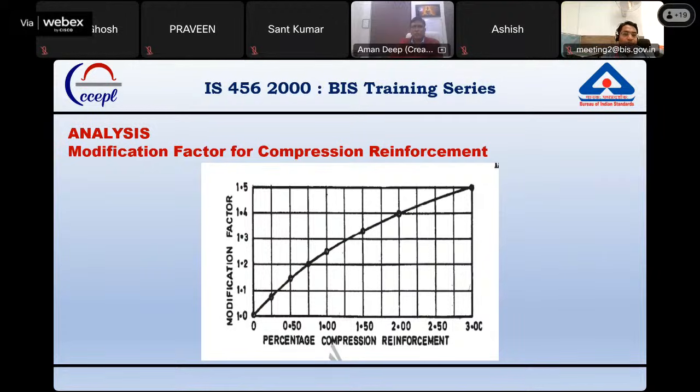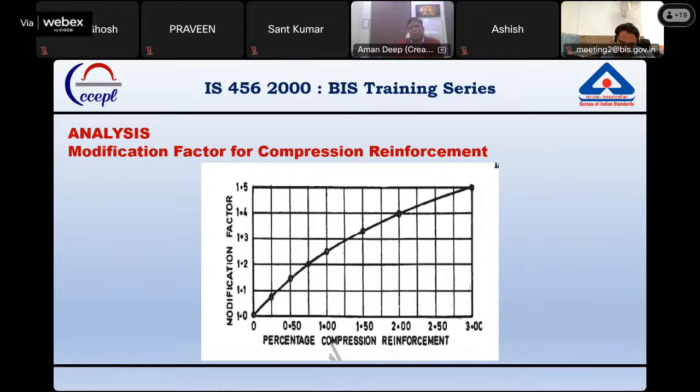Now, when you do the detailed analysis, there are different requirements. When we are designing with the limit state method of design, we have a requirement to control the deflections, and to control the deflections IS 456 gives some span to depth ratios which we need to meet.